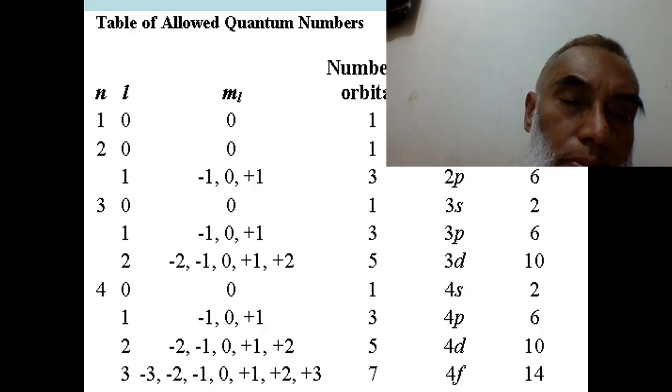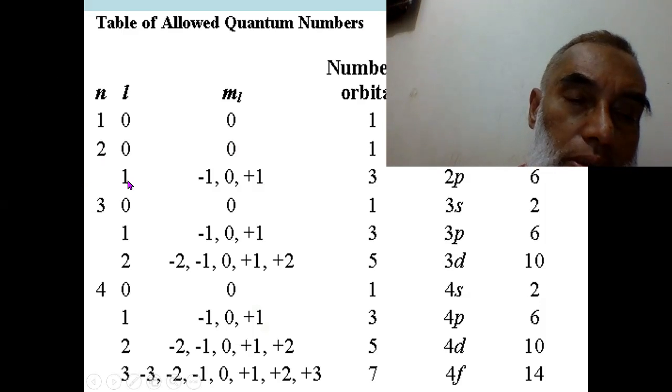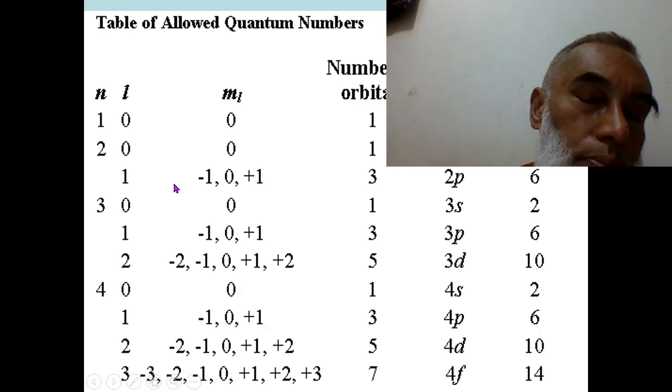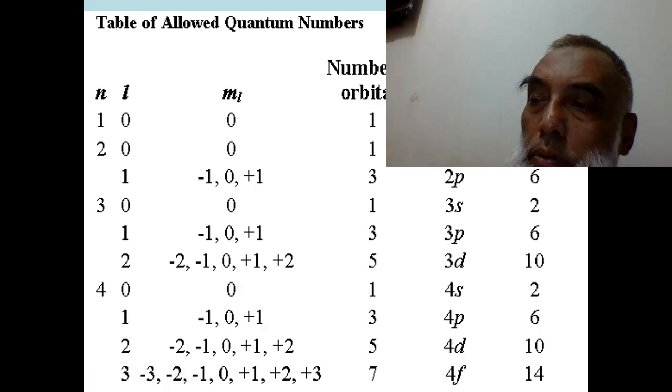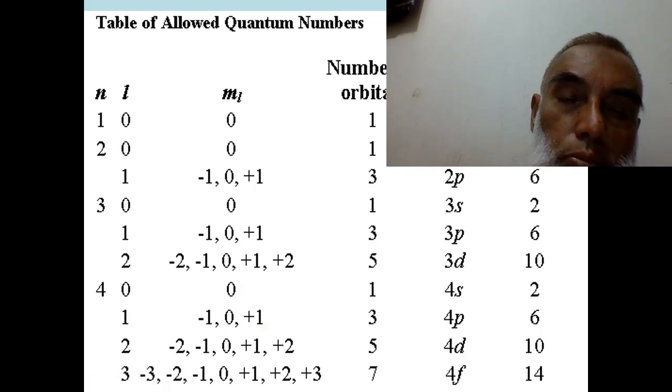When principal quantum number is 2 and azimuthal quantum number is 1, then there will be again minus 1, 0, and plus 1. These three sub atomic levels, p subsidiary quantum number or azimuthal quantum number 1, there will be Px, Py, and Pz.